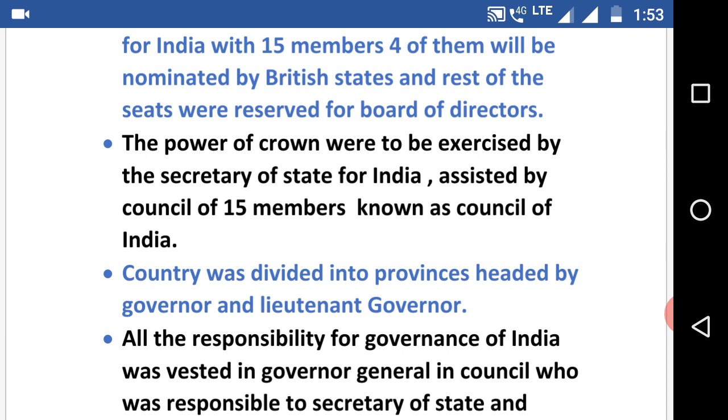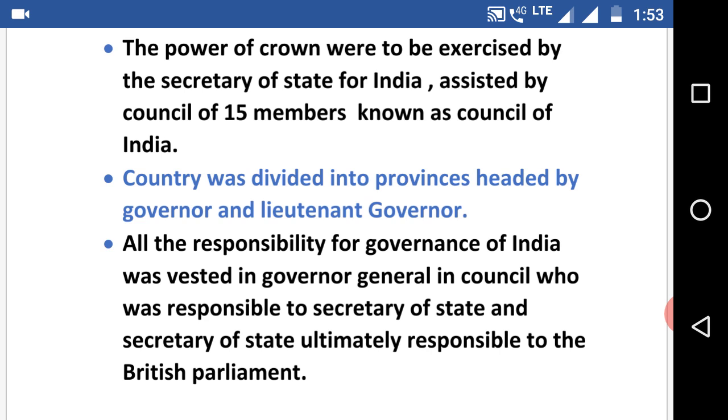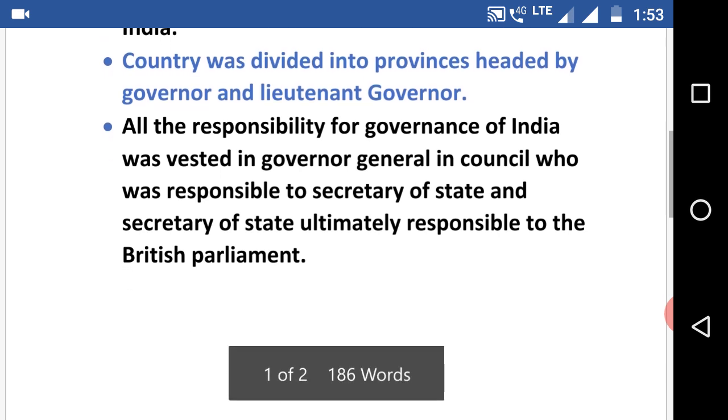All the responsibility for governance of India was vested in the Governor General in Council, who was responsible to the Secretary of State, and the Secretary of State was ultimately responsible to the British Parliament.